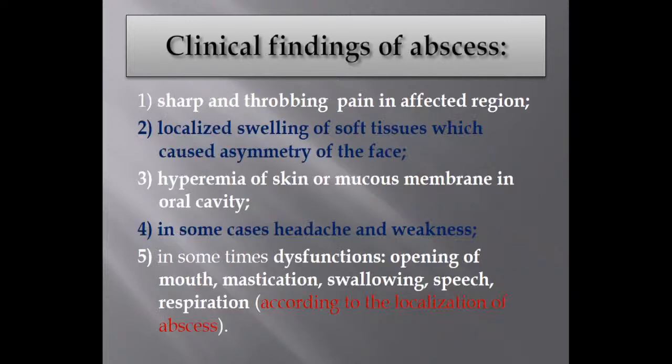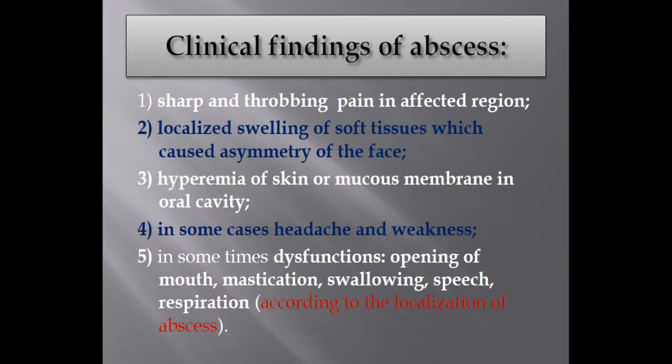Clinical findings, of course, are a sharp throbbing pain in the affected region, localized swelling of the soft tissues which causes asymmetry of the face, hyperemia of the skin or mucous membrane in the oral cavity, in some cases headache and weakness and even temperature, and sometimes dysfunction.